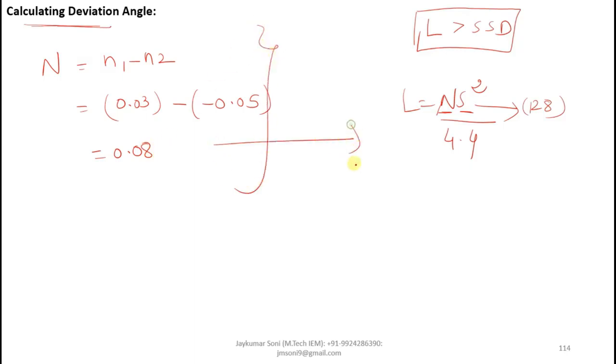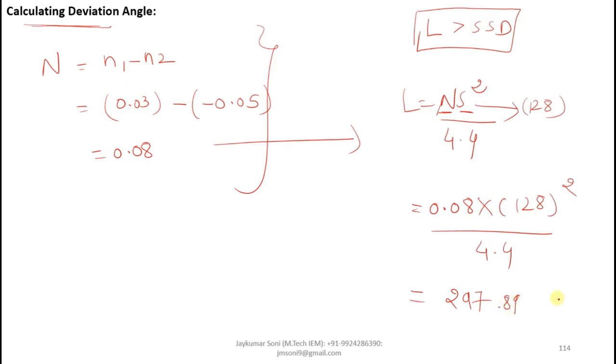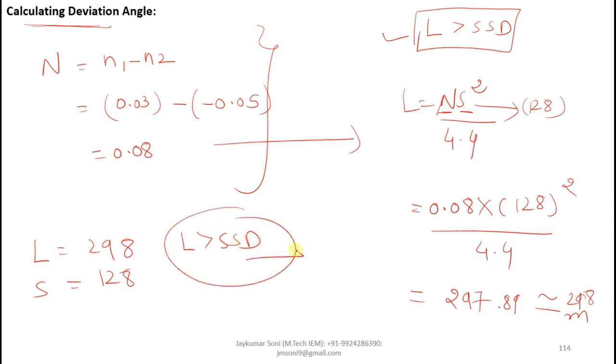If we put this value in the equation, it will be 0.08 into 128 whole square divided by 4.4, which is 297.89, approximately 298 meter. The length calculated is 298 and the value of S is 128. So we can say that the assumption where L is more than SSD is correct.